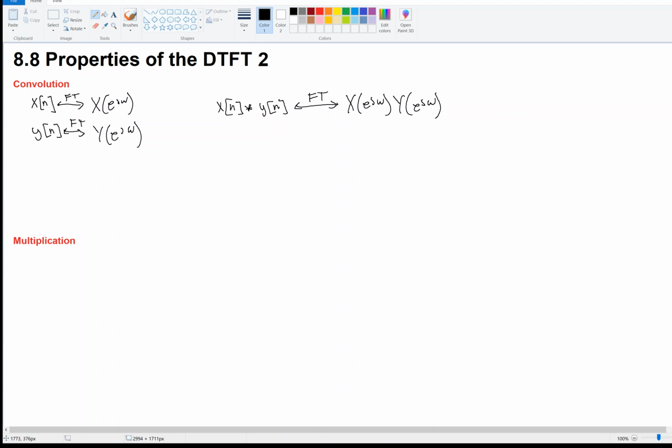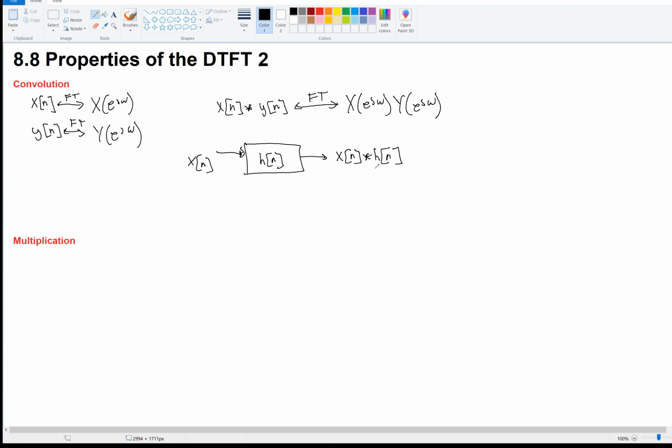And the second important point here is that this gives rise to filtering, because again, the engineering part of this is that if we have a linear time-invariant system and we put in x of n and the system has impulse response h of n, then what we get out is x of n convolved with h of n.